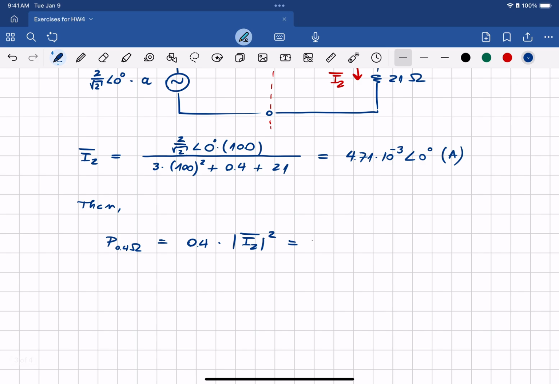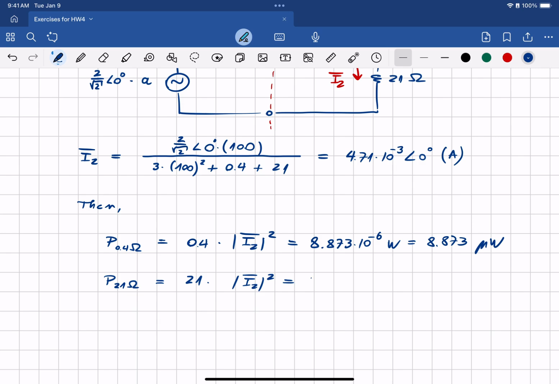Based on my calculations, this should be 8.873 times 10 to the minus 6 watts, or equivalently 8.873 microwatts.